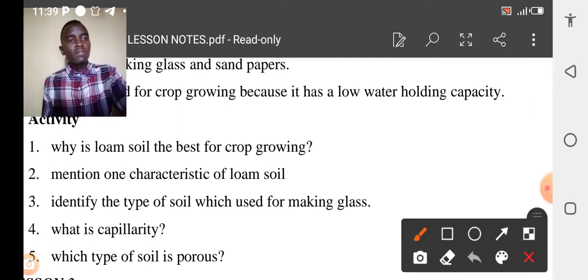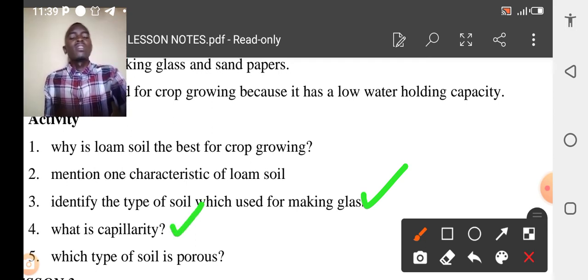Identify the type of soil which is used to make glasses and papers. What is capillarity?